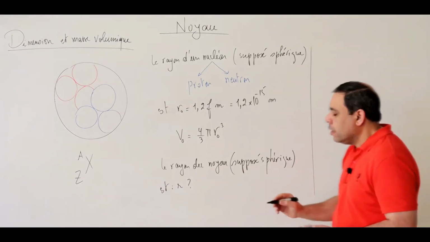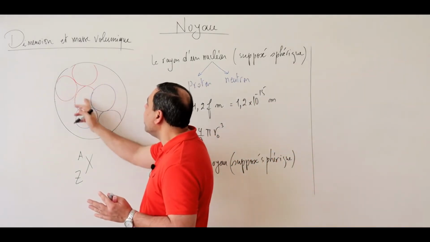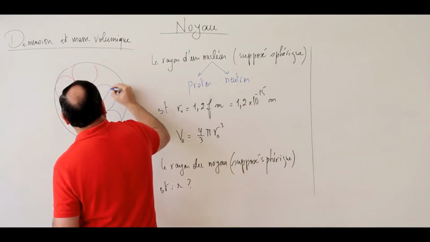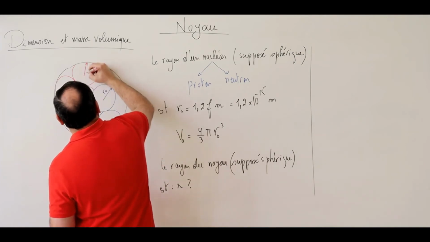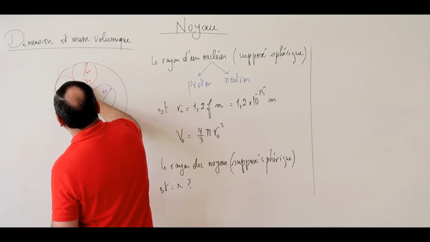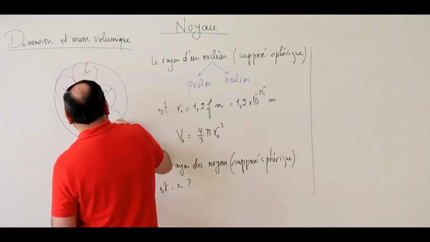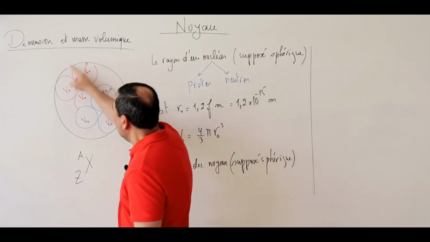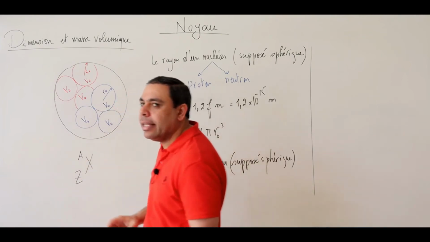Note that the nucleus is a sphere containing A nucleons. Each nucleon has a radius r0 and a volume V0. The volume of this is V0, the volume of this is V0, and so on. The nucleus, as a whole, is a sphere of radius r to be determined.